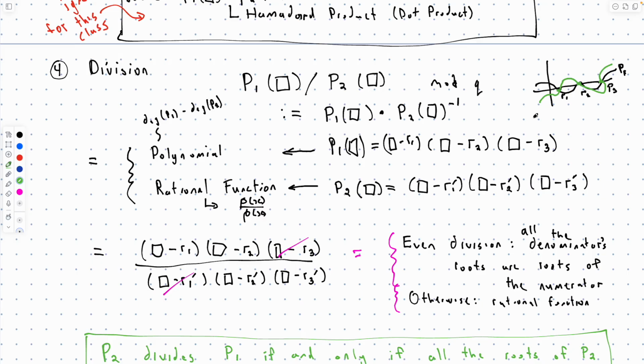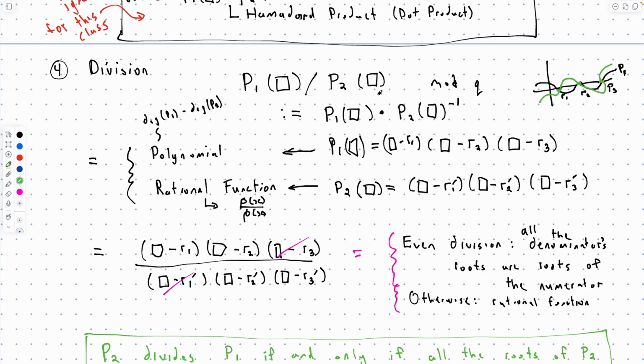Okay, so how does that apply for the division? So if they have the same roots, then when you divide them, things will cancel out, and you'll be left with a polynomial at the end. In this case, it's just a number because P1 has 3 roots and P2 has 3 roots.